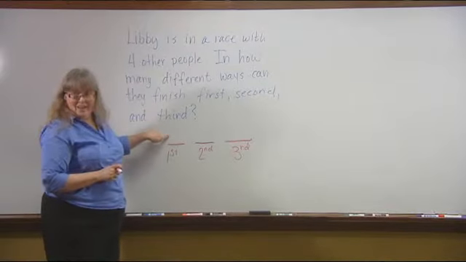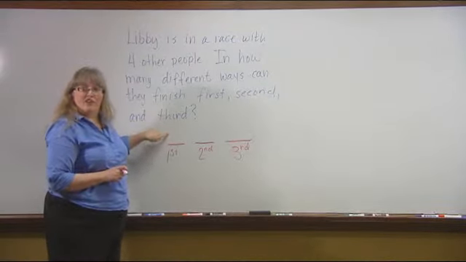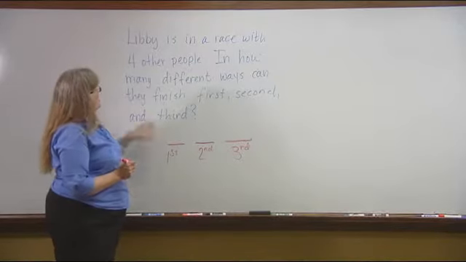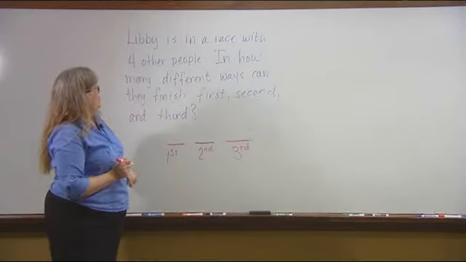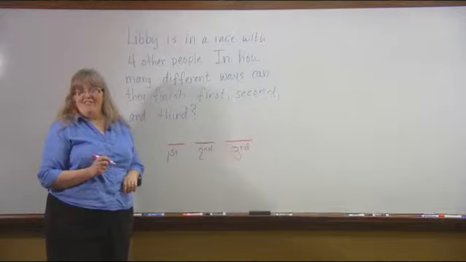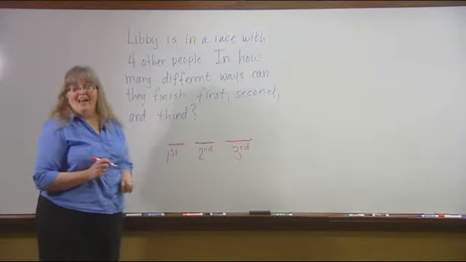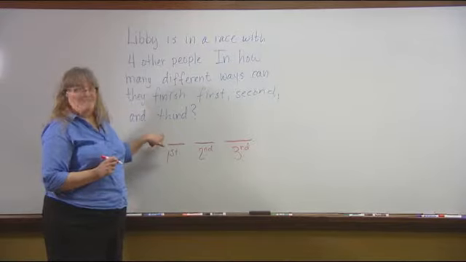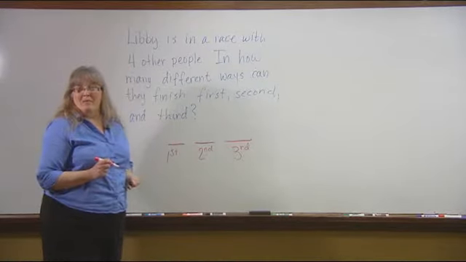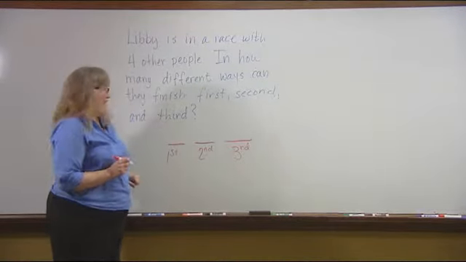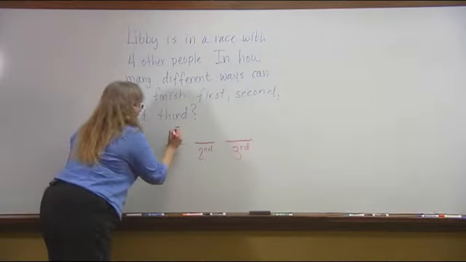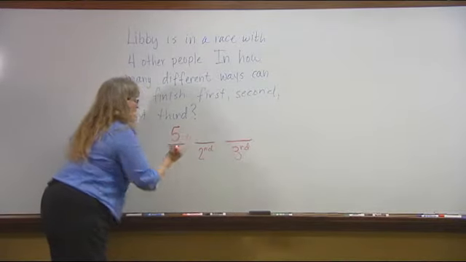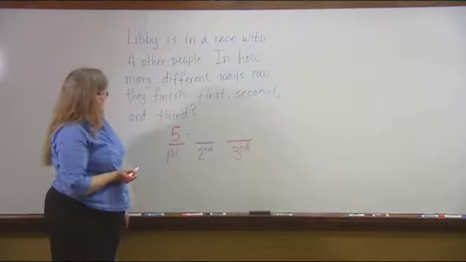How many different possibilities are there for the first slot? In this case, there are 4 other people, so there's a total of 5 people in this race. It's really tempting to start with the 4 because we've got 4 other people, but there's actually a total of 5. So there are 5 possibilities for the first place winner of the race.